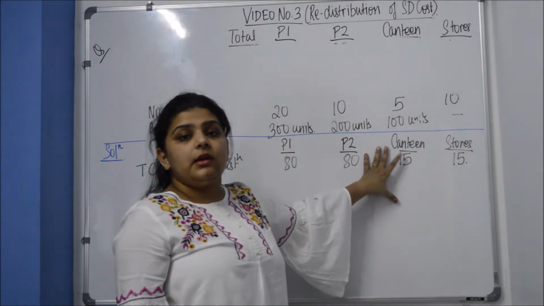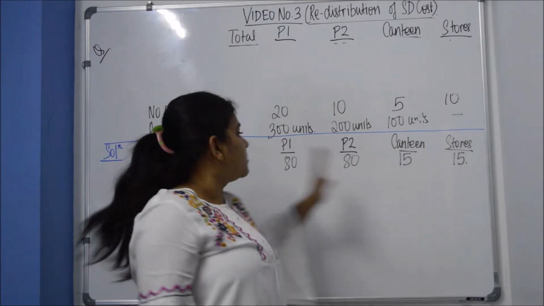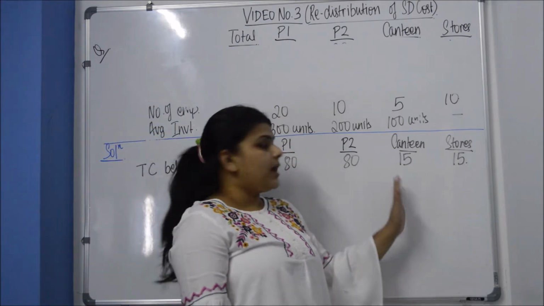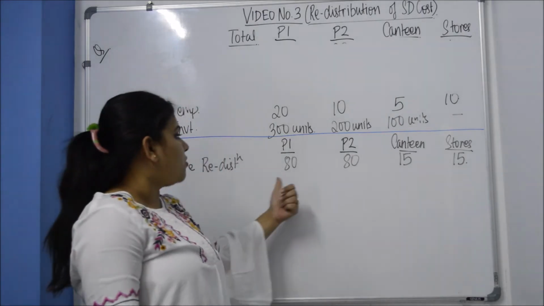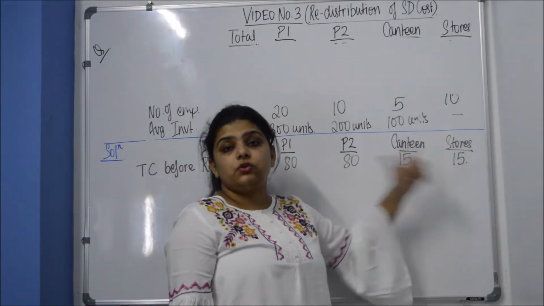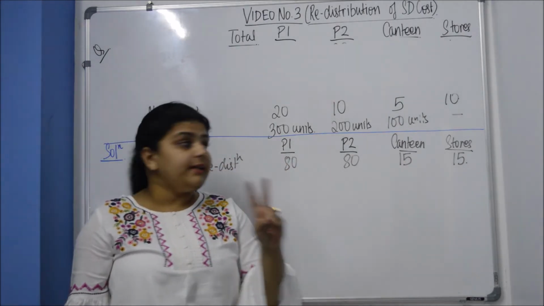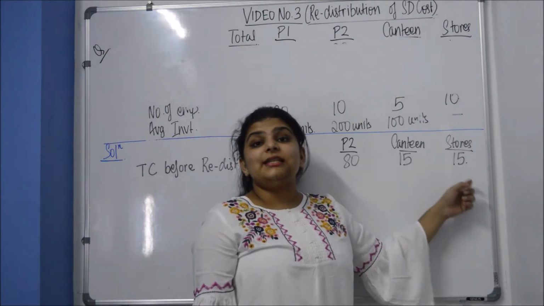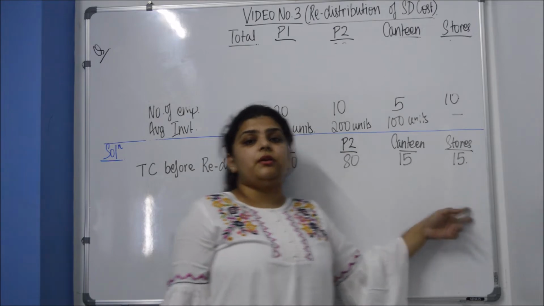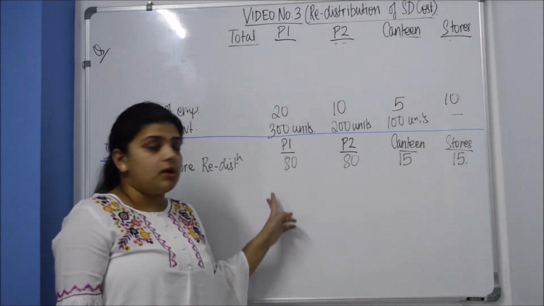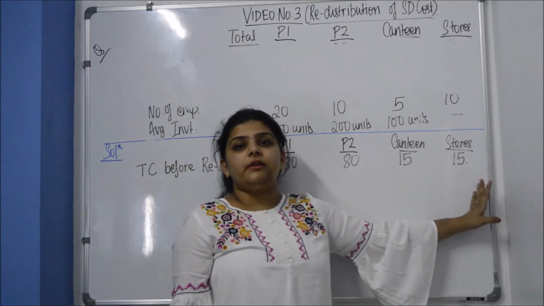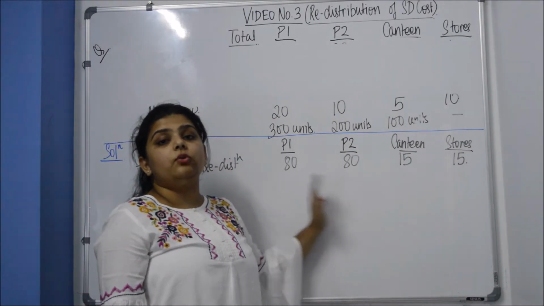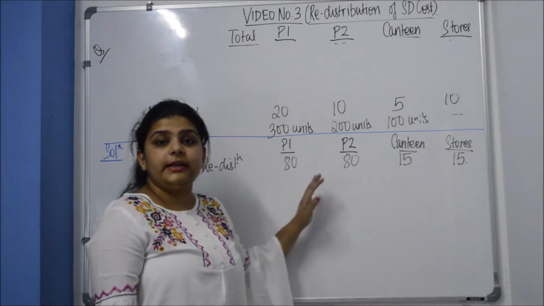Canteen department will distribute its cost to all the departments who are taking the service. So in our case, canteen will distribute its cost to P1, P2 and stores. The second department which we are taking is the stores department. This is the last department to bifurcate the cost. Last department will give its cost only to P1 and P2, only to the production departments.